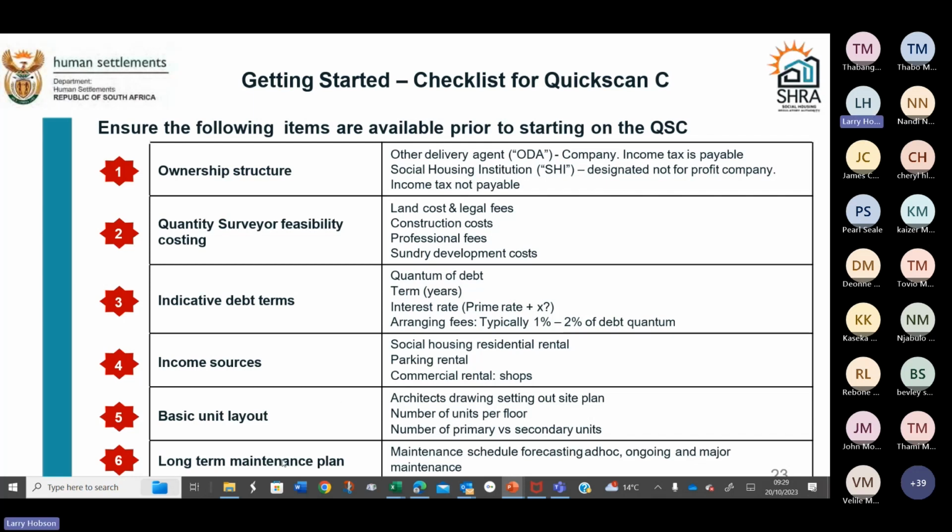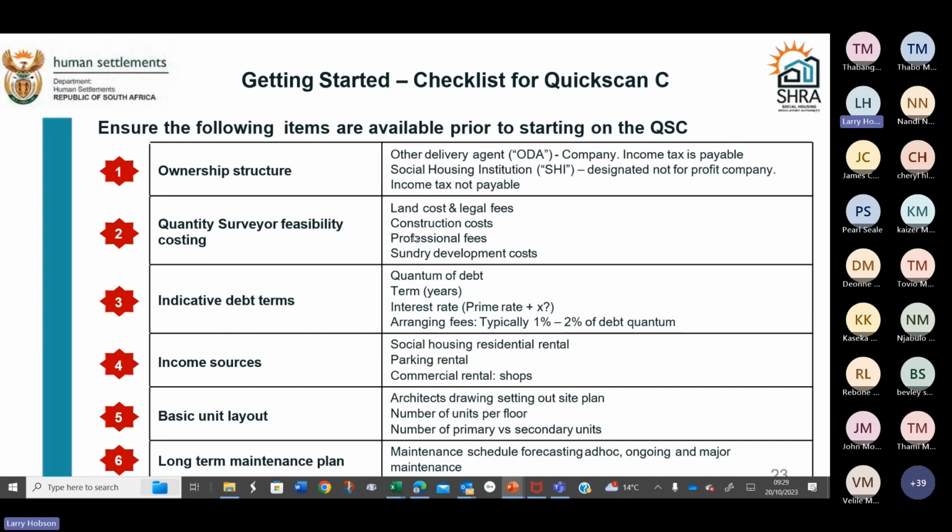Then you're going to have long-term maintenance plans. So that thing of the 1.02% of development cost, that's your long-term plan. When doing that in the QuickScan C, you would put in a provision for maintenance, but your long-term maintenance plan should pick that up and top up the balance of maintenance up to the 1.02%.